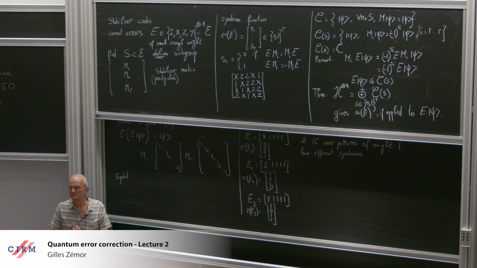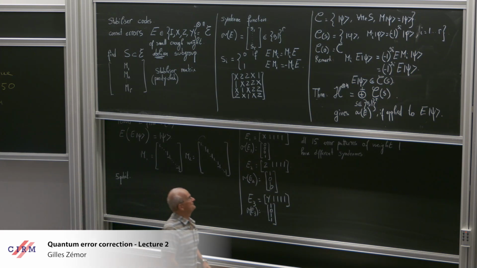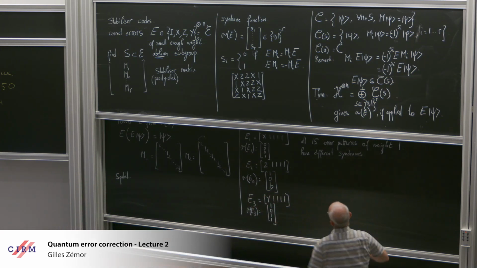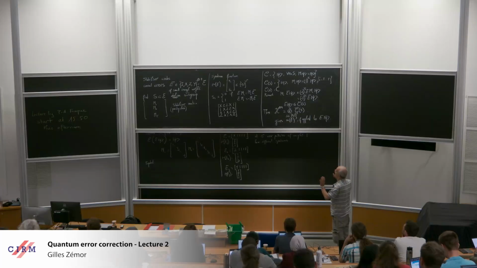You just have to look a little more at your generators in the eye, so to speak, so as to understand how these plus one and minus one eigenspaces distribute themselves.